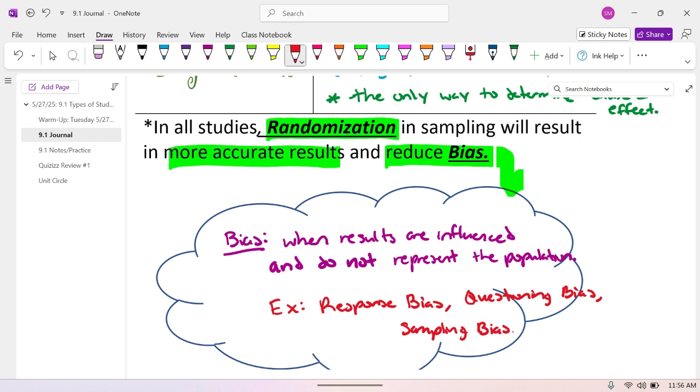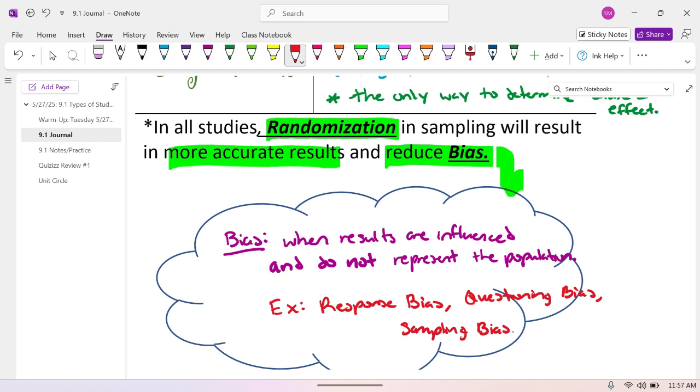Response bias means that, basically coming from the person themselves, their answer is influenced by how they lived, all right? So their responses are biased. So for example, I can think of questioning as well. All right, so that's response bias.